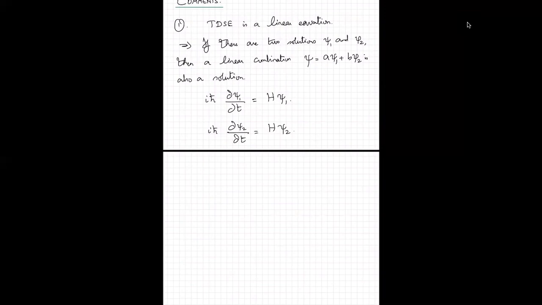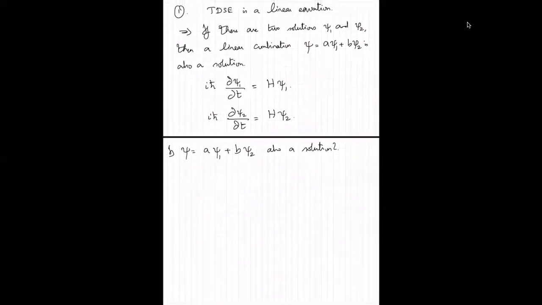Now, if both equations are true, is psi, which is a general linear combination of psi 1 and psi 2, also a solution? Well, let's find out. Multiply the first equation by A and the second equation by B and add them up. The first equation is i h bar A d psi 1 dt equals H A psi 1. Remember, A is a constant, so I can put it anywhere I want.